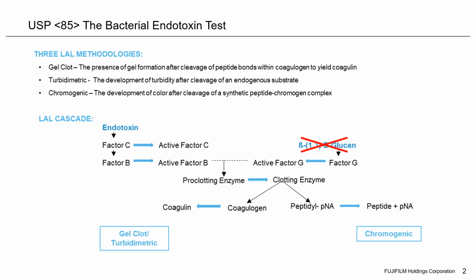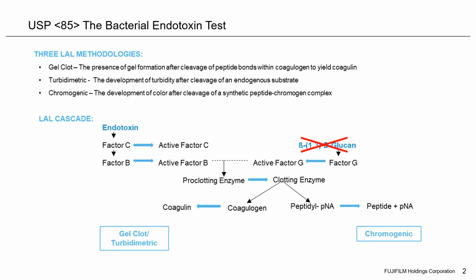So the gel clot technique is literally just reacting LAL reagent with a sample in a test tube. After incubation of 1 hour, the test tube is inverted and a positive test is recorded if that solution is clotted and remains at the top of the test tube. At that point, we would say that that sample has endotoxin, at least at the labeled sensitivity of the reagent.